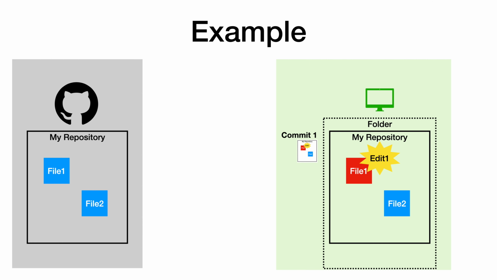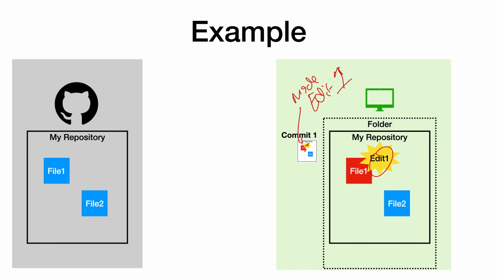And we can add a label, like "made edit 1." Obviously that's non-informative here, but at this point in time, all we had done was make edit 1, and maybe edit 1 added a new print statement for us to test something.